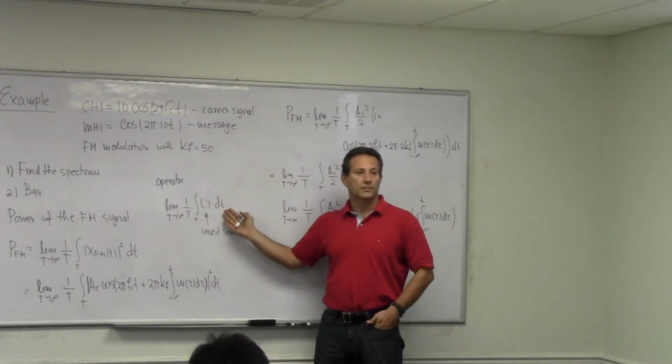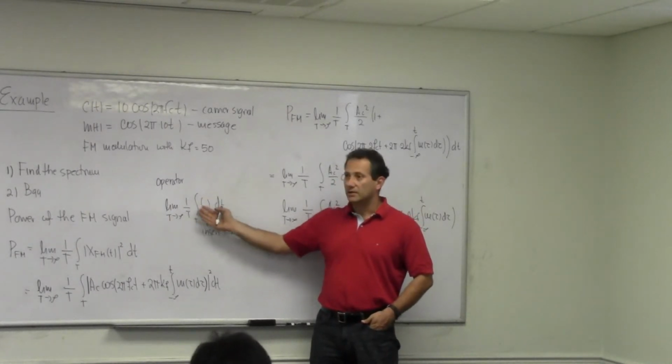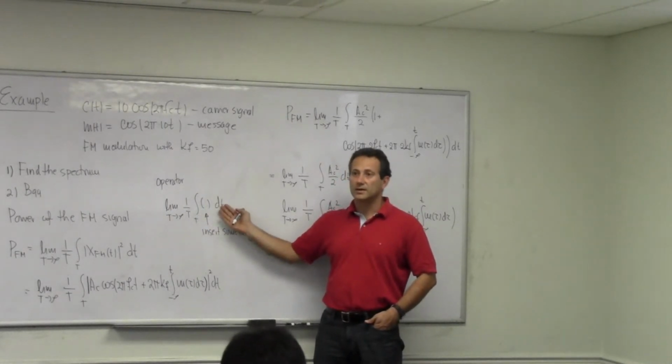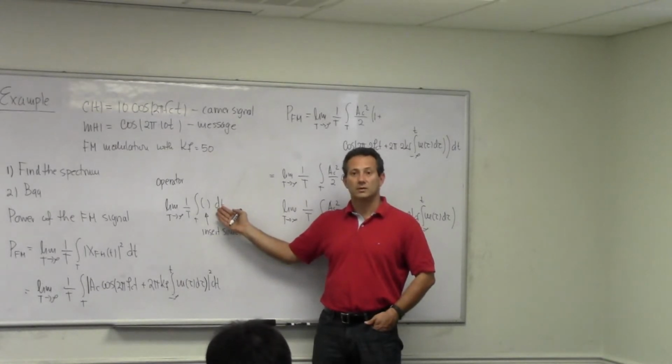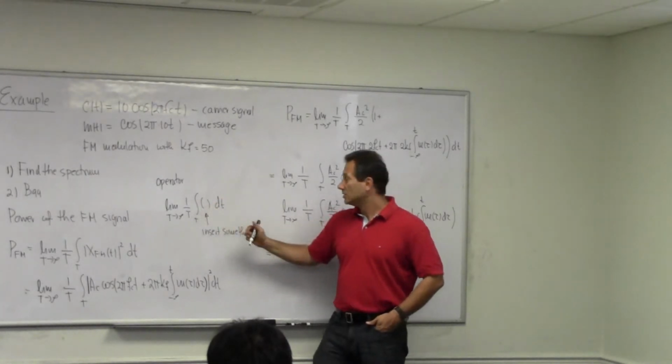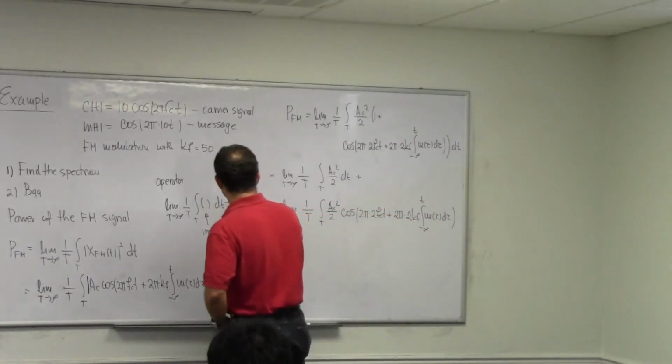If I'm taking a limit and I divide by t and integrate the area under the curve, what is it that I'm doing? This is a time domain average, right? Of whatever I insert here. So this is a time domain average.